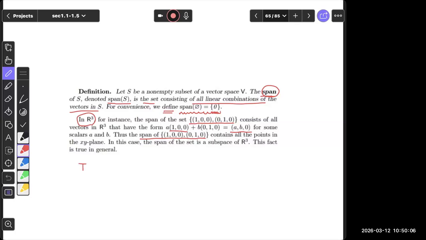If the identity matrix is given, and I use E1, E2, E3 to denote the columns of the identity matrix, then the span of E1, E2, E3 will be R3 space.